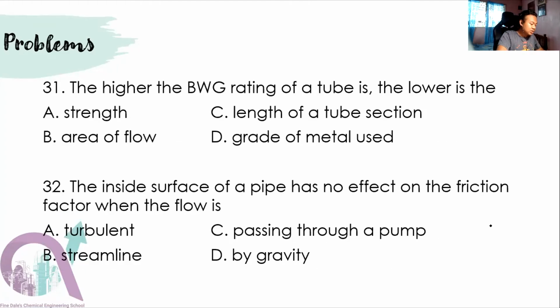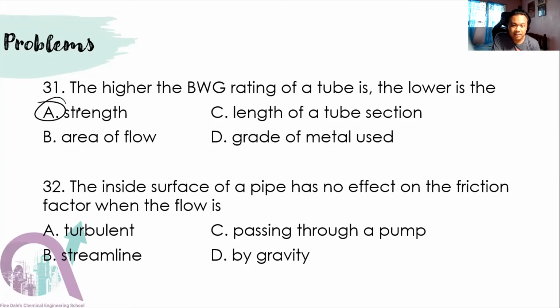So number 31, the higher the BWG. BWG is the Birmingham wire gauge rating. This is used in heat exchangers, for the small tubes. So they are useful for that function. The higher the BWG rating of a tube is, the lower is the strength.